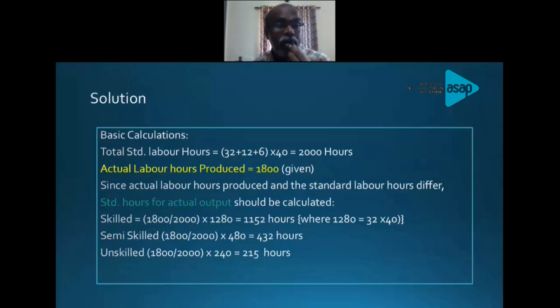Remember, the standard time for actual output is computed as 1,152 for skilled workers, 432 for semi-skilled workers, and 216 for unskilled workers. You should be very, very clear about this calculation. This is applicable when the standard fixed and the actual output are different.